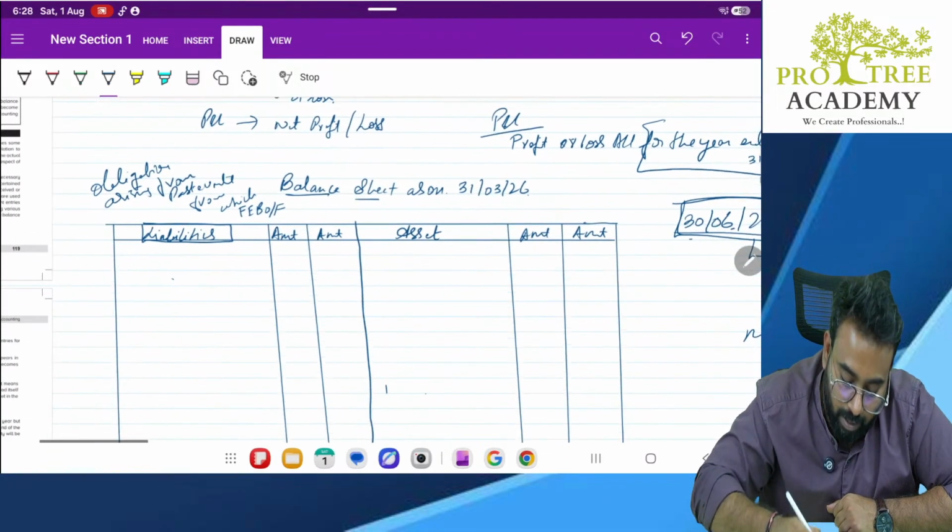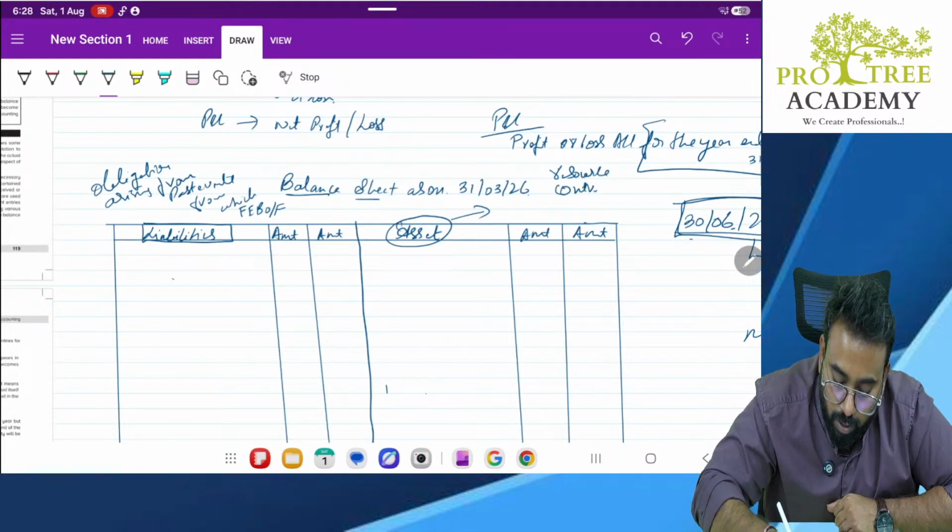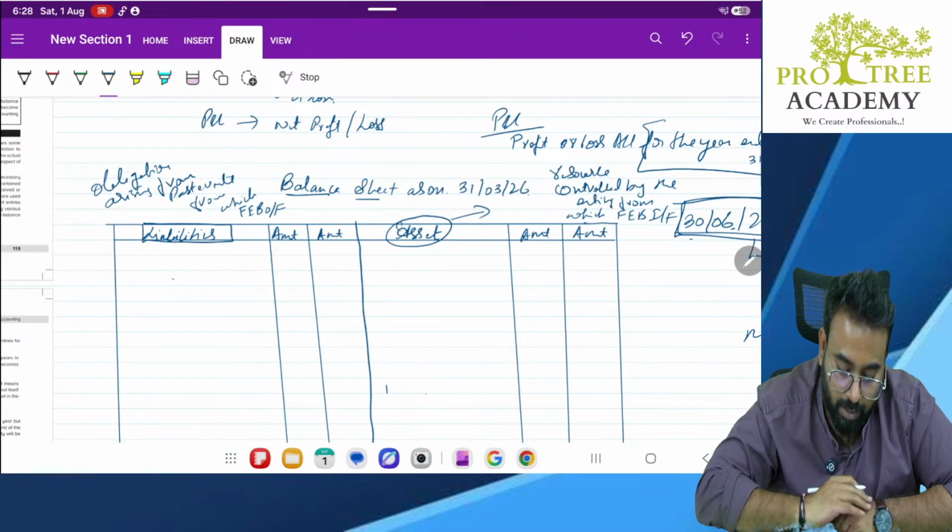Yes, sir. What is asset, sir? A resource controlled by the entity from which future economic benefit inflow is expected. Right?